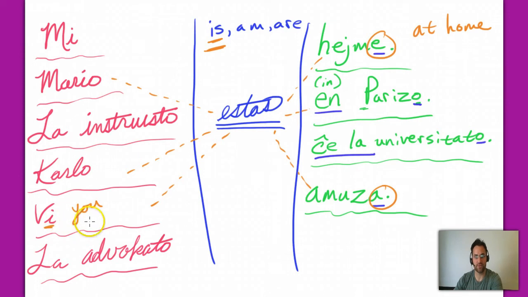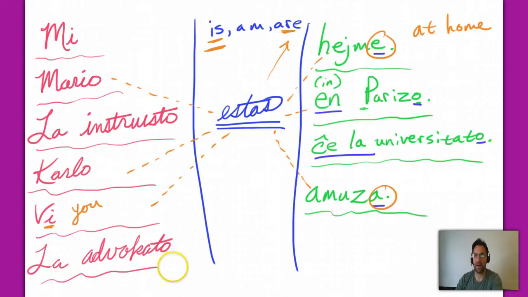And the noun here is you, person, place, or thing. Again, this is one of those exceptions where we don't have an o. You just have to memorize the vi. So we're saying you are amusing. Vi estas amuza. So we see it's are, and we're using estas as are.